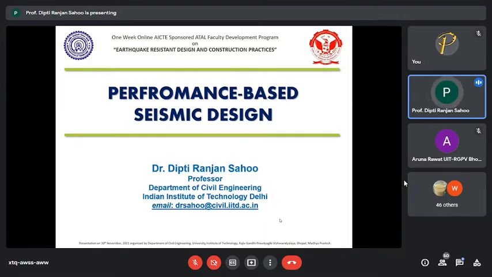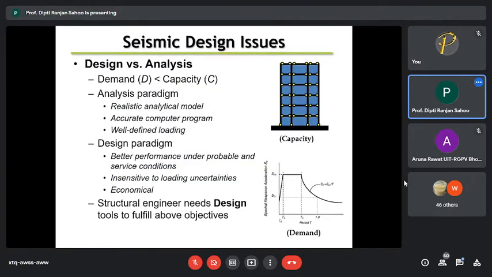The IS 1893 is being revised, and by next year you would have performance-based design as a different section of your IS 1893. So the first question is, since we have a design practice, why do we need the seismic design following a different approach, which is performance-based design?